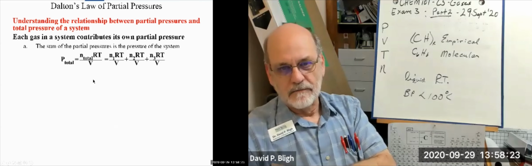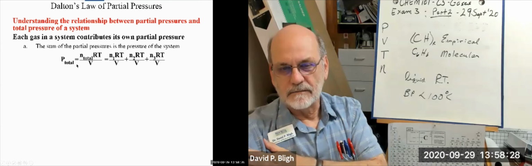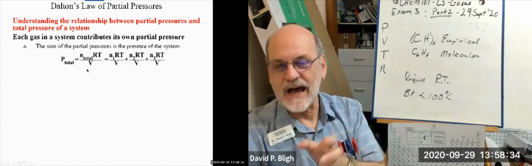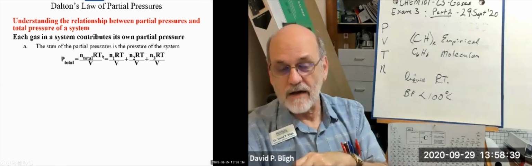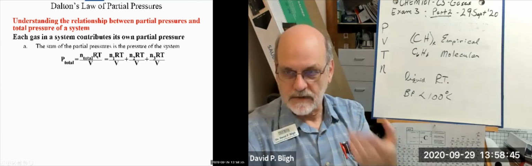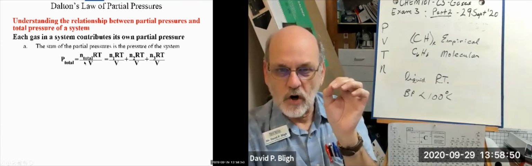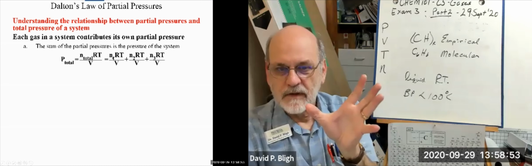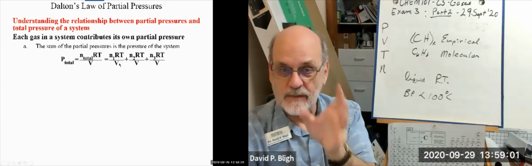Right? So this is our reasoning. If we take the ideal gas equation and we parse it out, or we solve for pressure, right? So we have the total pressure is equal to the total number of moles times the gas constant times temperature divided by volume. Then we can take this term and spread it out. So this is the number of moles of one of the gases, times gas constant times temperature over volume.